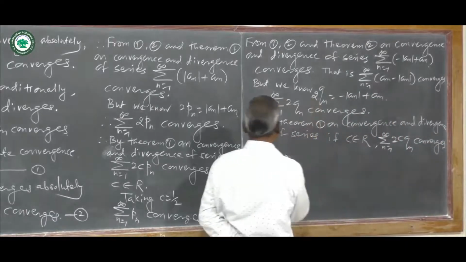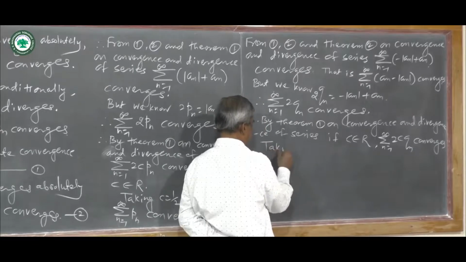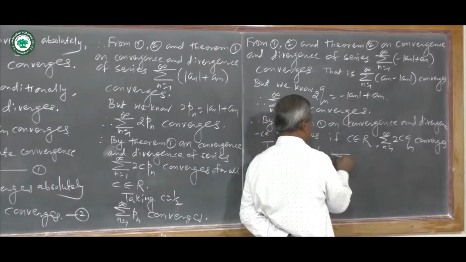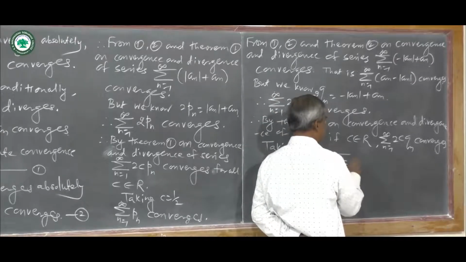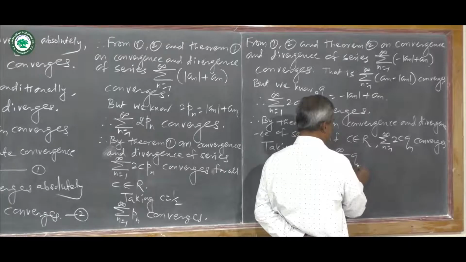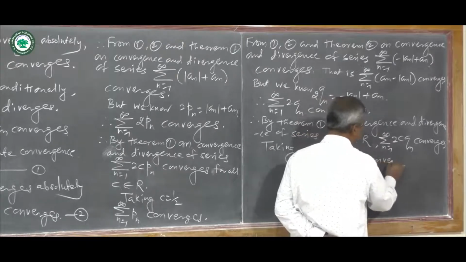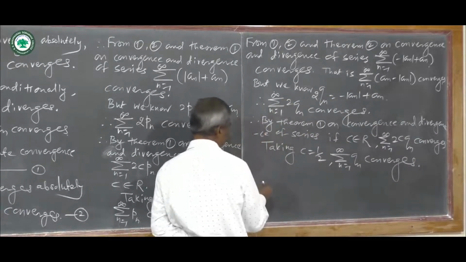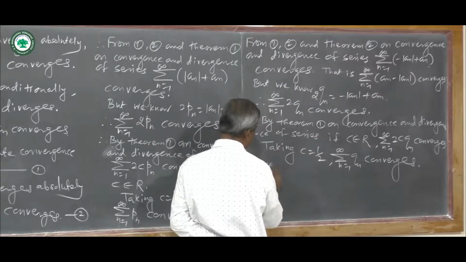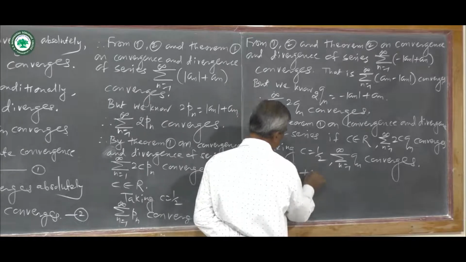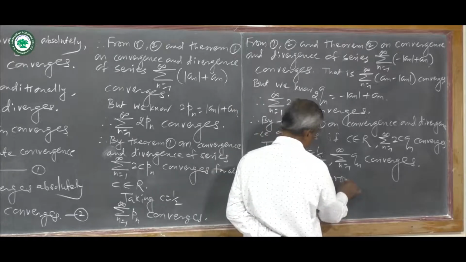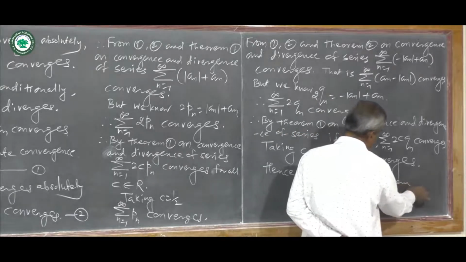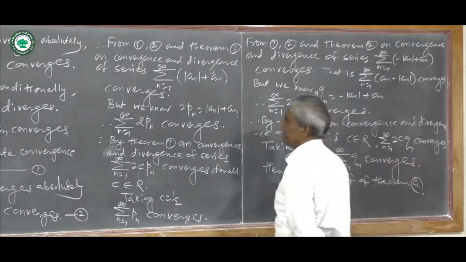Taking C is equal to 1/2, sigma Qn, n is equal to 1 to infinity, converges. Hence the proof of theorem part A.